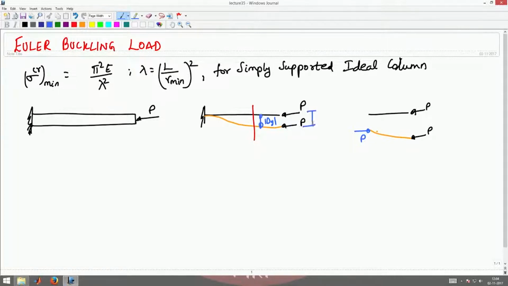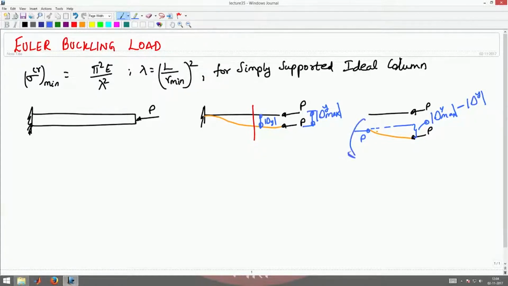So now this distance would be the absolute value of delta y max minus the absolute value of delta y. Now this produces a clockwise moment, so I will have an anticlockwise moment coming in here.